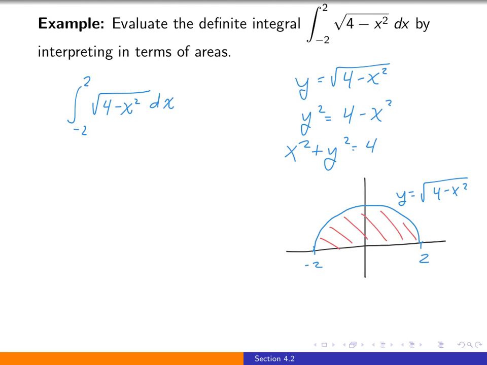And the answer is, it's 1/2 of the area enclosed by a circle of radius 2. So 1/2 times pi times 2 squared, because the area of a circle is pi r squared, and we want exactly 1/2 of it. This simplifies very nicely to 2 pi.